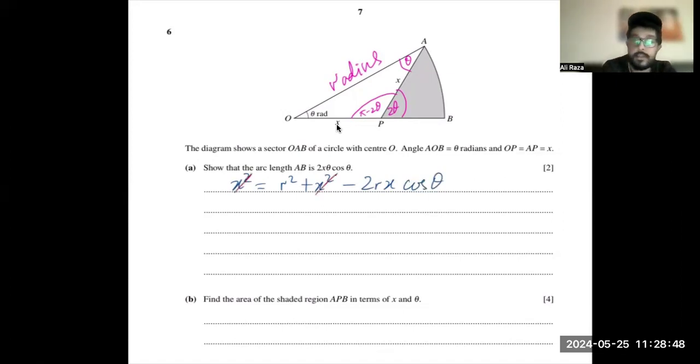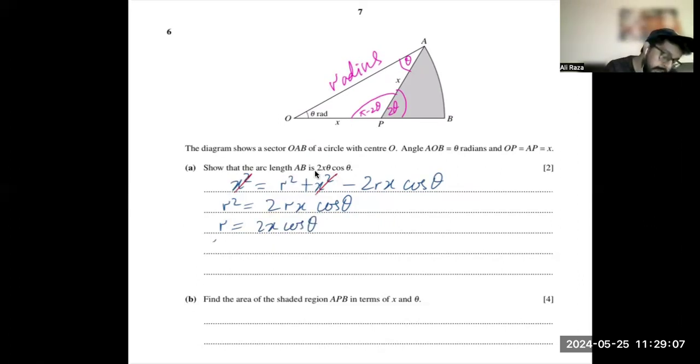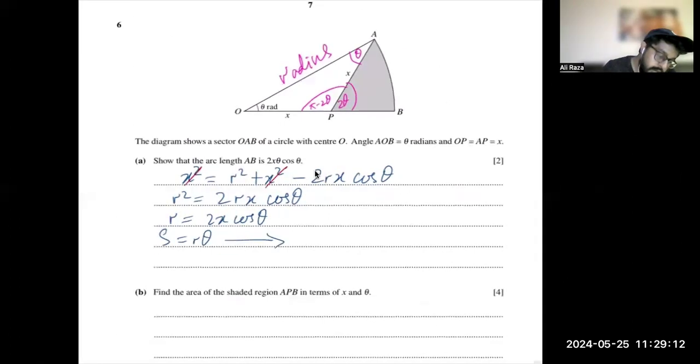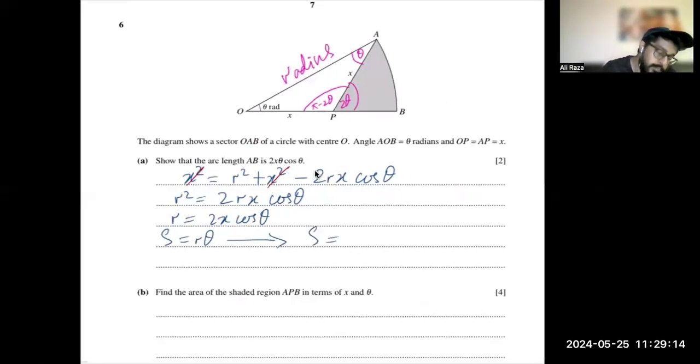These two x squares get cancelled out. So I'm left with r square is equal to 2rx cos theta. r comes out to be 2x cos theta. Now the formula for the arc length is S is equal to r theta. So S is equal to 2x theta cos theta.